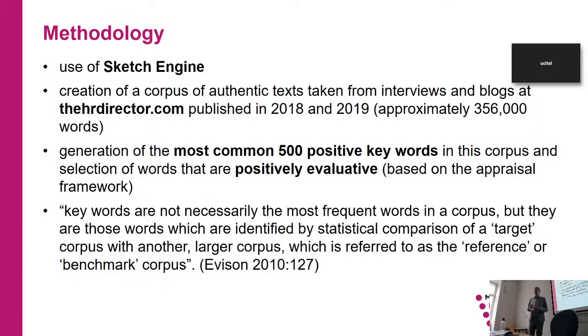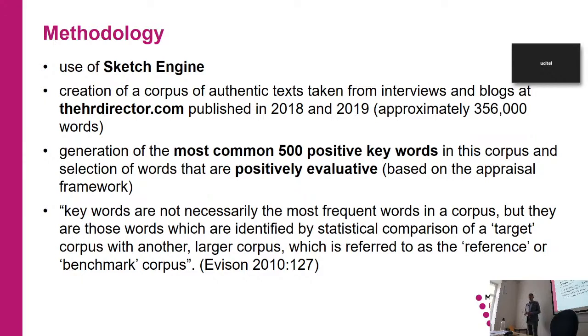All of these texts which I used in my corpus were published in 2018 and 2019. It was approximately 356,000 words. I generated the most common 500 positive keywords.